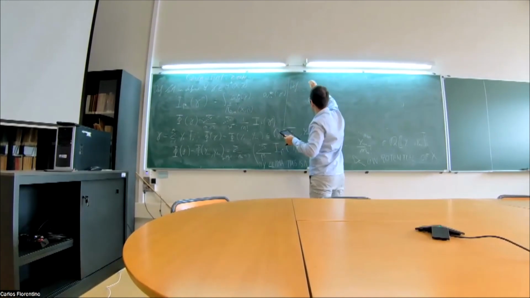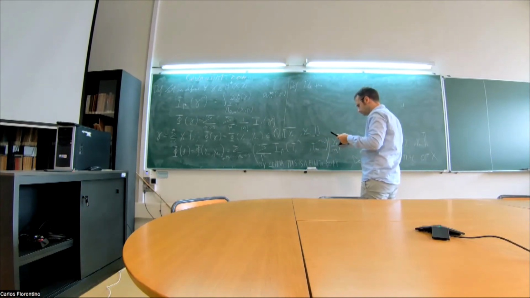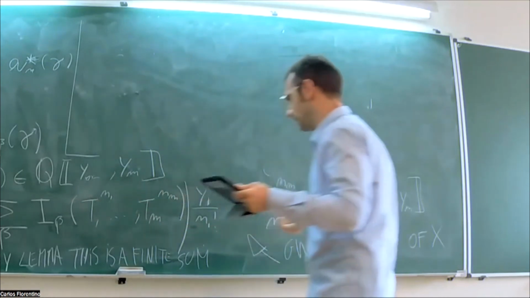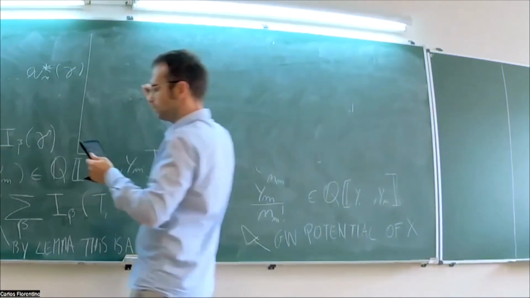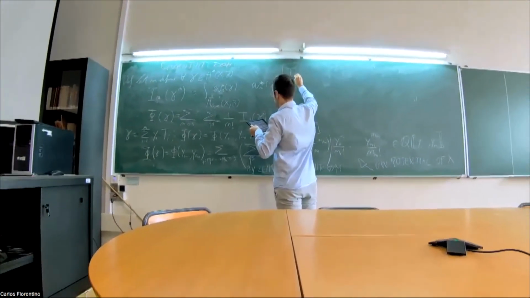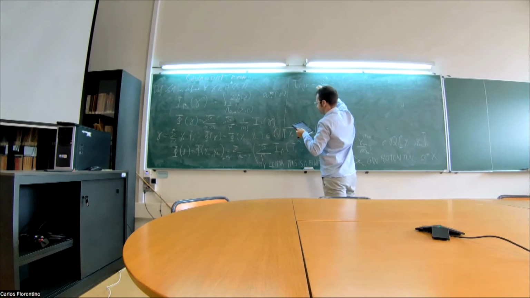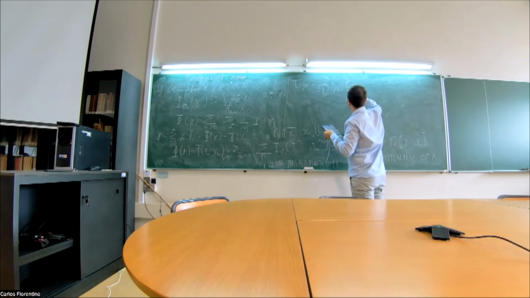This is a polynomial, so we know very well how to perform derivatives, and we denote here by E_jk, an index, the derivative of this.